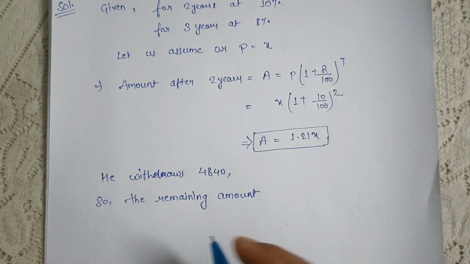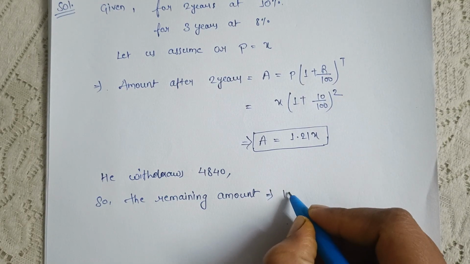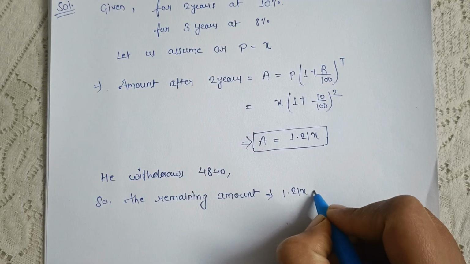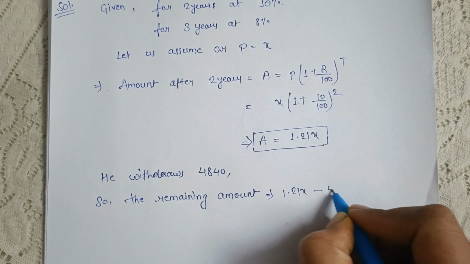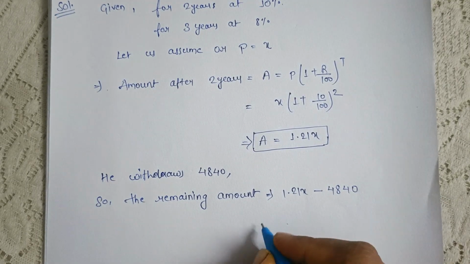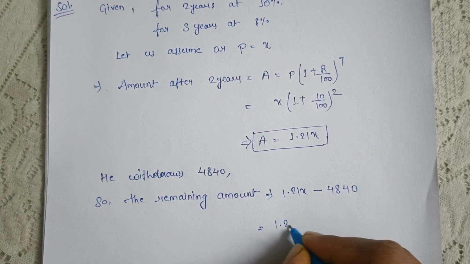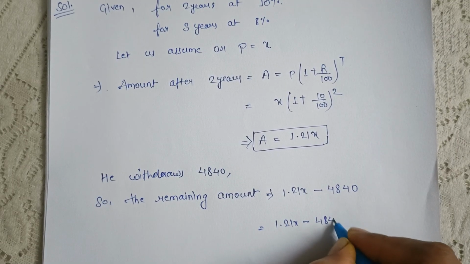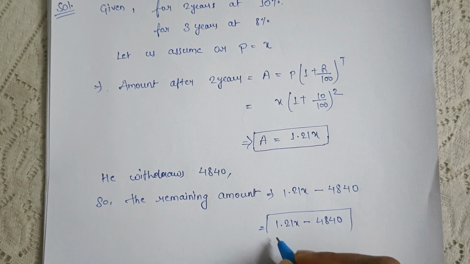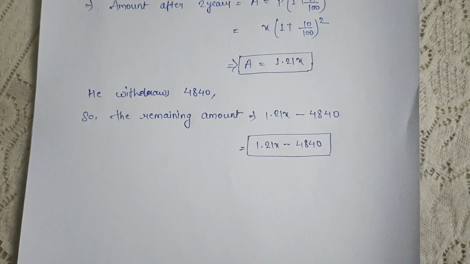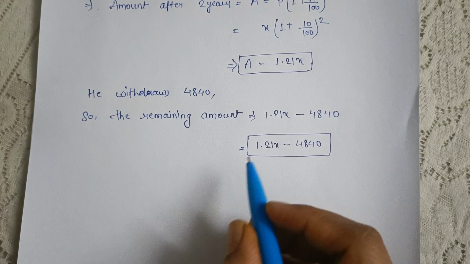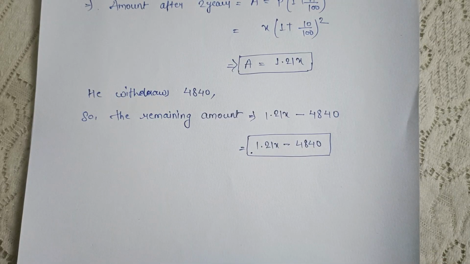When we subtract this from 1.21x, the amount after 2 years, that's our remaining amount: 1.21x minus 4840. According to our question, the remaining amount is then invested for another 3 years at 8% per annum. That means that amount is invested again for 3 years at 8% per annum.